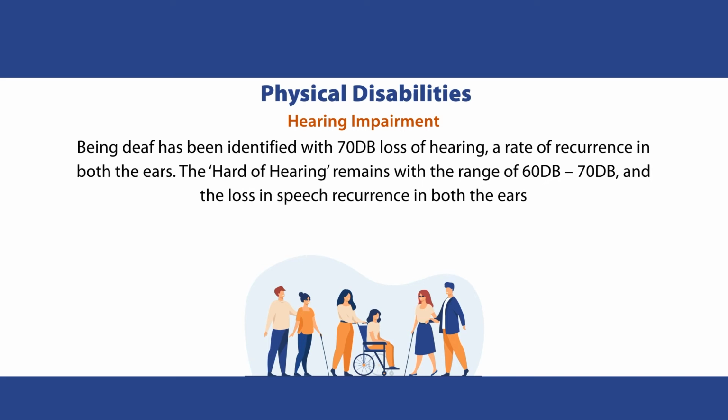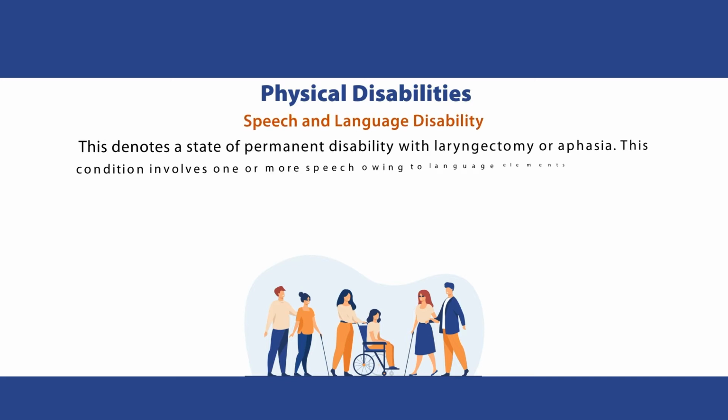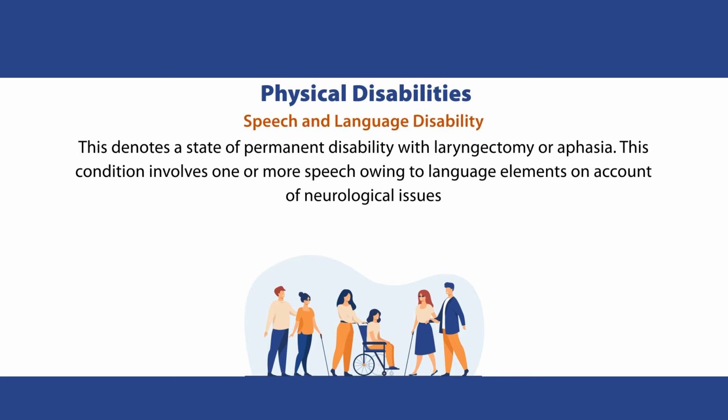Being deaf, separate parameters have been identified to define these concepts, which you can see from the PPT also. I am not talking in detail about these categories. These definitions you will see from the PowerPoint slides also. Then speech and language disability. This is also one of the main disabilities which we can categorize or talk about.